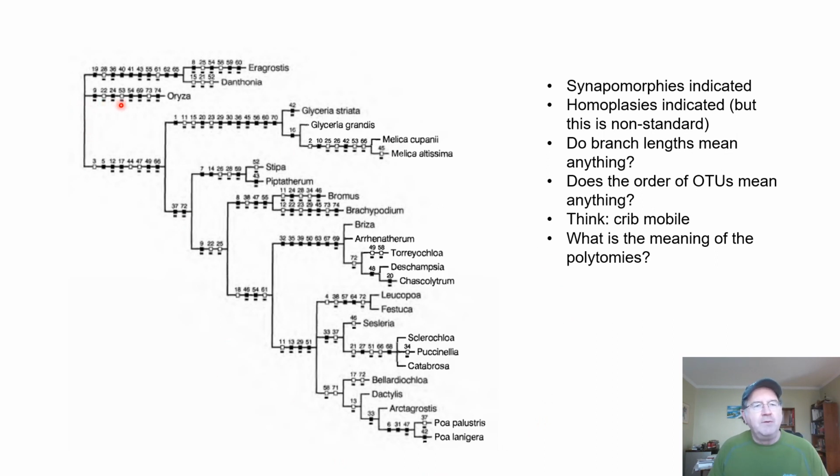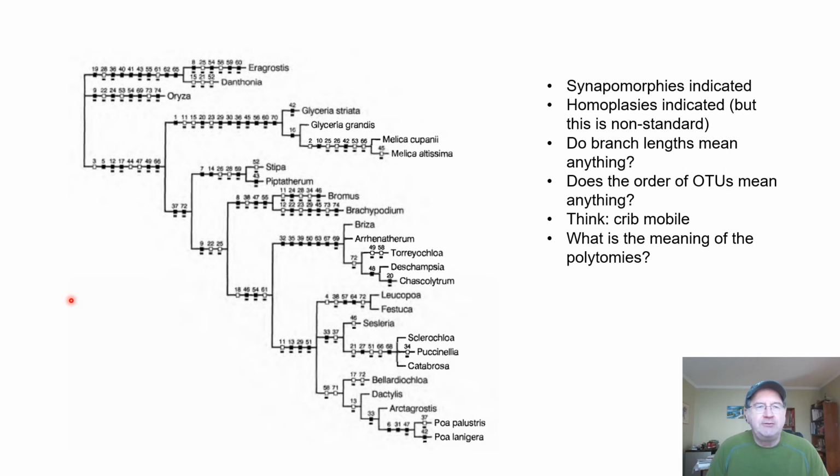All of these numbers and dots and dashes and open circles and closed circles here are these authors' attempts to illustrate for you not only the branching pattern and the relationship amongst the OTUs, but also to give you an idea of the level of support for the branching pattern.